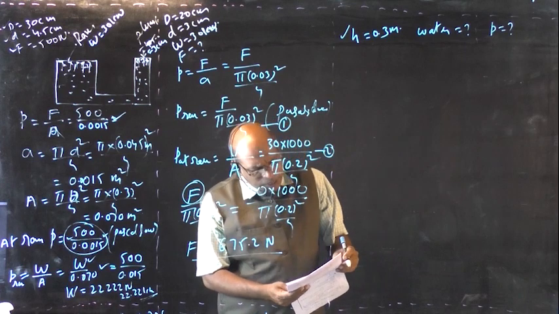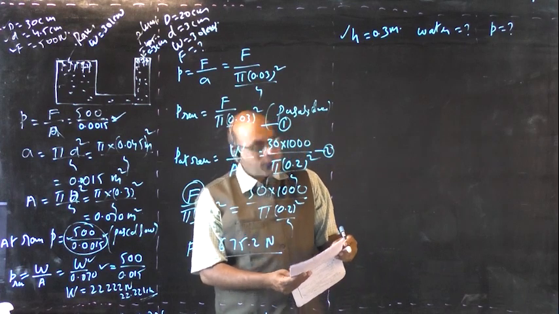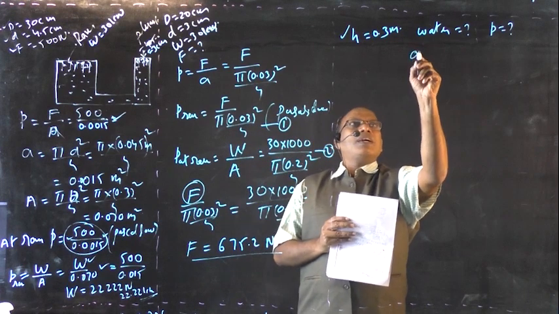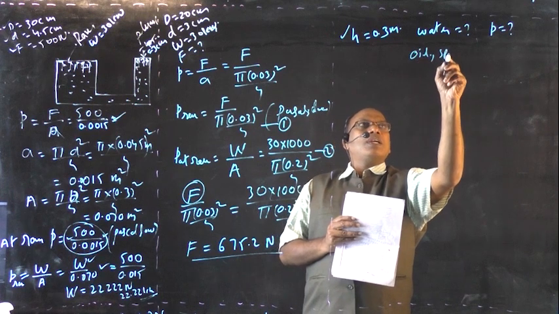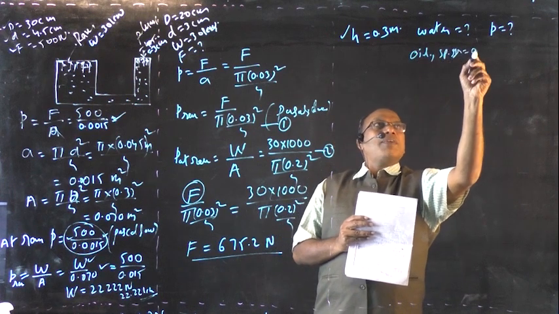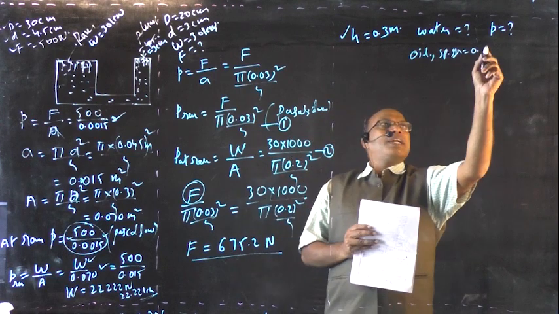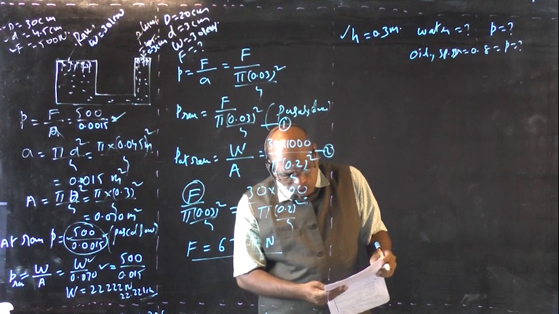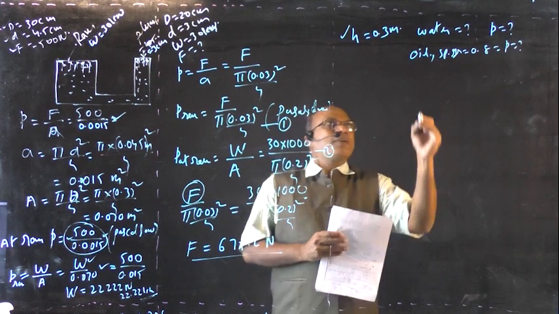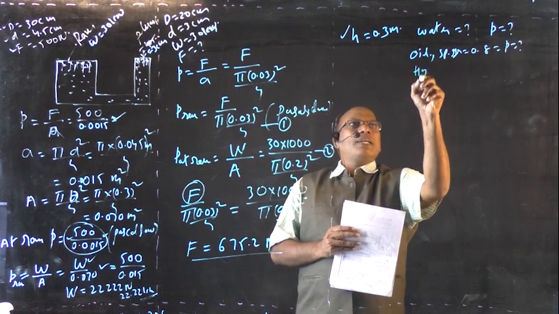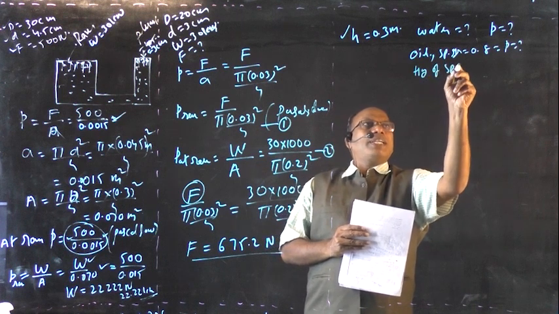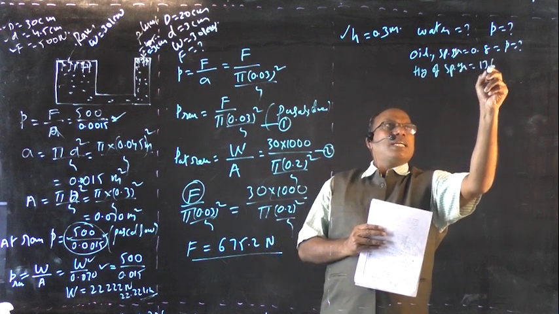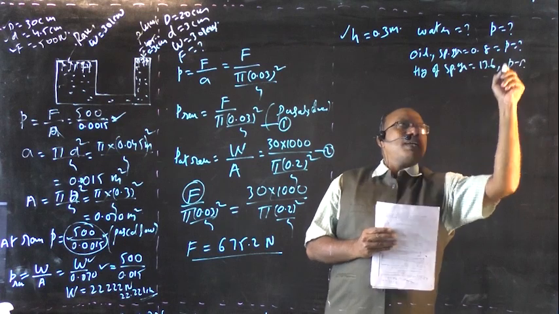And then what is the pressure for oil of specific gravity 0.8? And third one, mercury of specific gravity 13.6. What is the pressure?